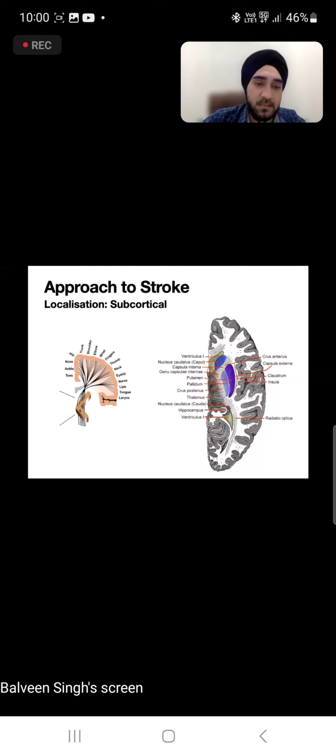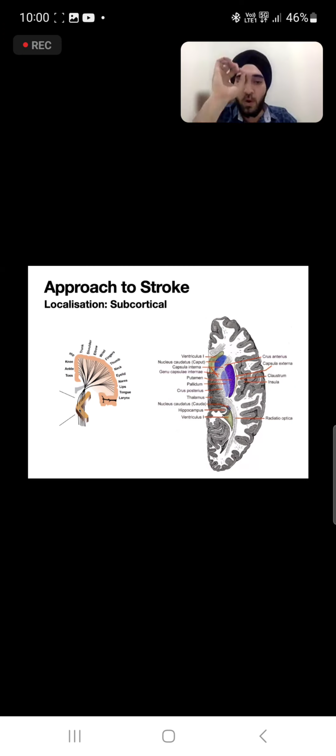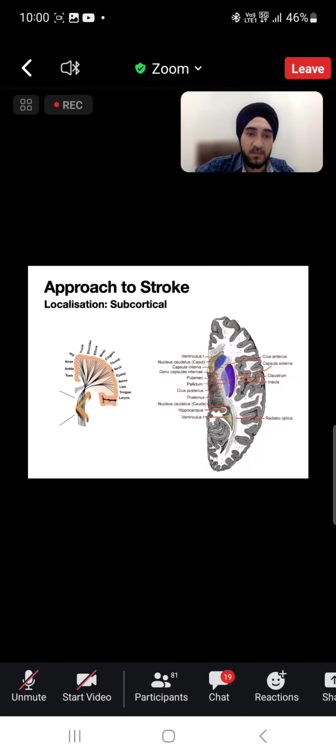Why dense hemiplegia? Because the fibers are densely converging and going via this internal capsule. So even a small infarct in the internal capsule can lead to hemiplegia. All these fibers will be gone, from toes to shoulder to wrist to finger to thumb to probably facial also.